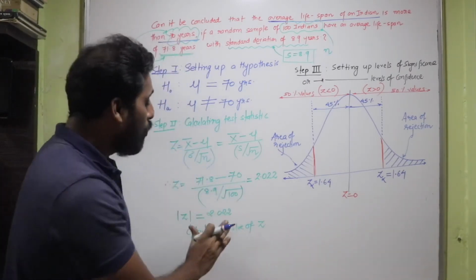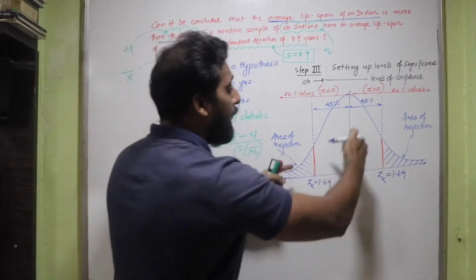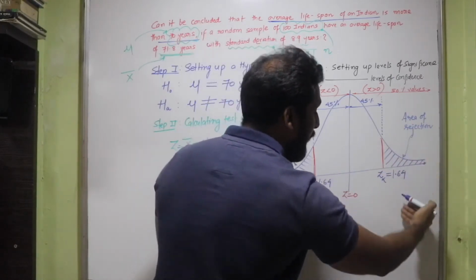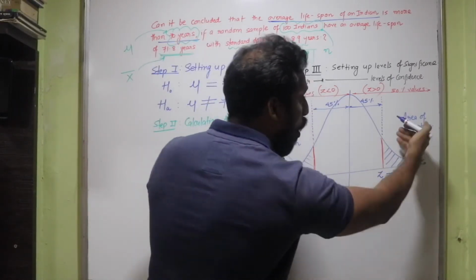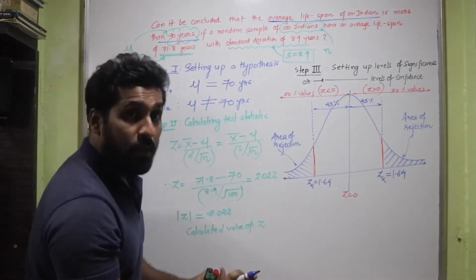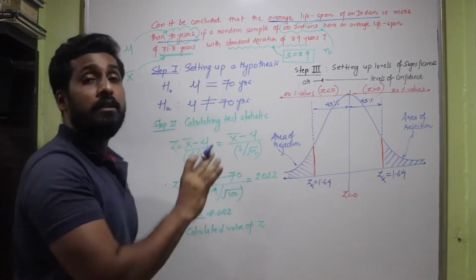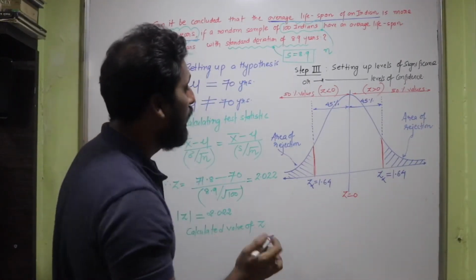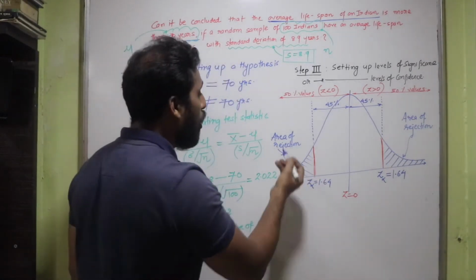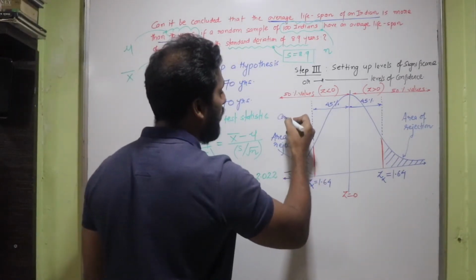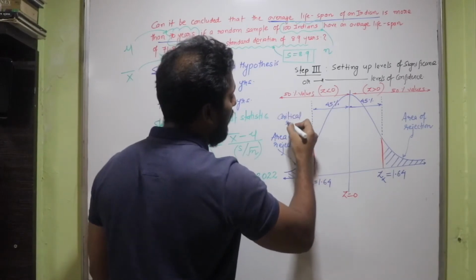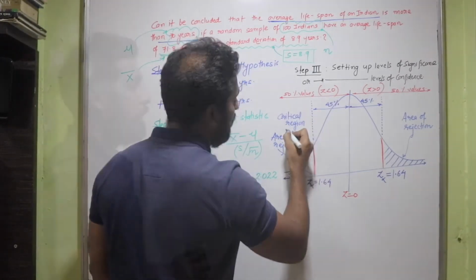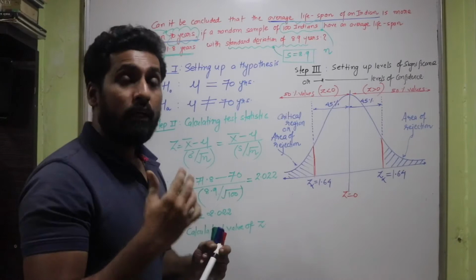So if the calculated value of Z lies in the critical region or the area of rejection, then your null hypothesis will be rejected. You can call the area of rejection a critical region, isn't it? And these values are called critical values.